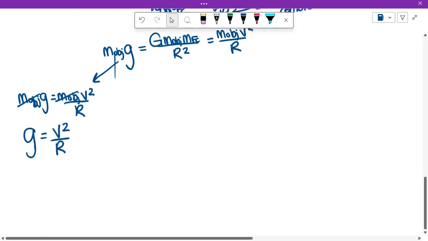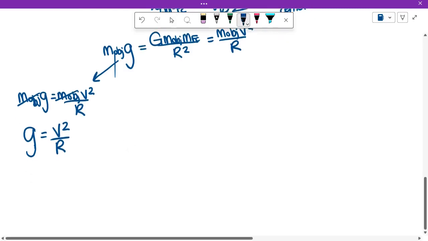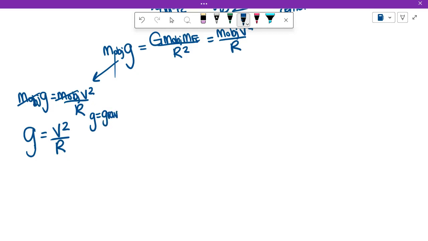Okay. So here's some things about g that can get kind of sticky. Okay. A question could actually ask you for 3 different quantities and be asking you to find the same thing. Okay. A question could ask you to find the gravitational field, and it could be asking you to find g. A question could ask you to find the acceleration due to gravity, or the free fall acceleration.